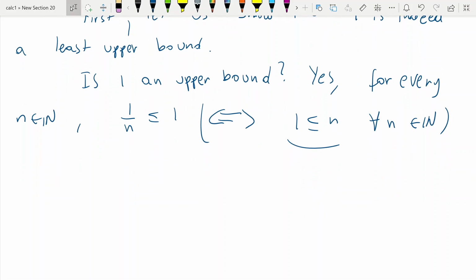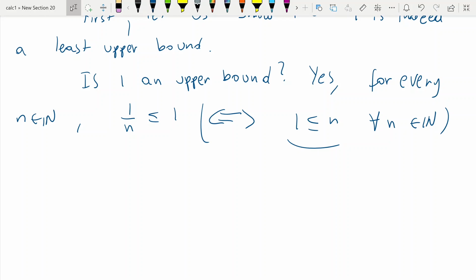And that comes from one of the properties we mentioned at the beginning of this module, that we'll assume to be right. Whenever you multiply an inequality by a positive number, you keep the same ordering in the inequality on both sides. So yeah, this is true.